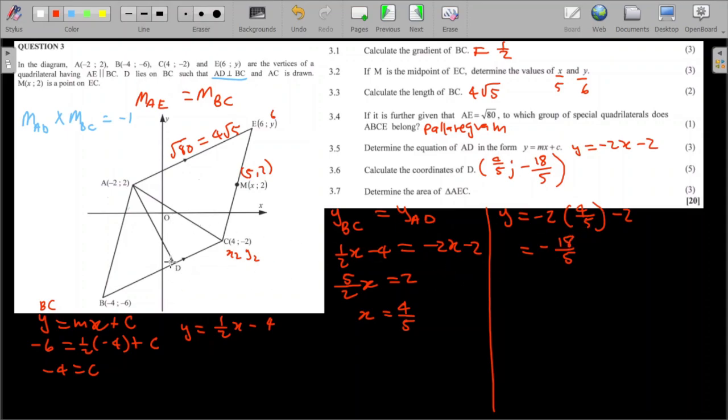Now, going to 3.7, it's saying determine the area of AEC. So what is the area that they are looking for? The area of AEC. That's the triangle that they are looking for. Hopefully you can see now that this triangle has the same area as this triangle here.